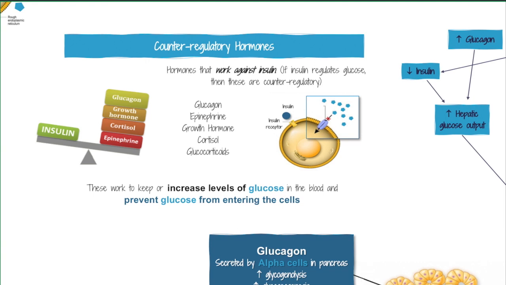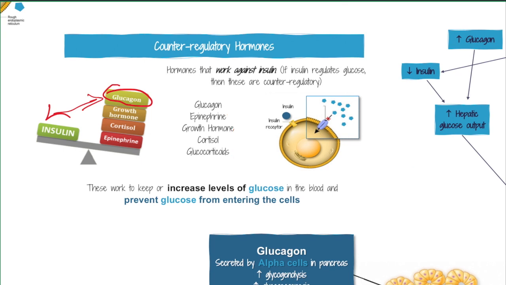The main kind of counter-regulatory hormone is glucagon. So we'll talk later about the glucagon insulin feedback system. But when you look up insulin on the internet or in a textbook, what you're going to see most likely is this relationship between glucagon and insulin, and how when one goes up the other goes down, and they are working against each other in this counter-regulatory fashion that controls glucose in the body.